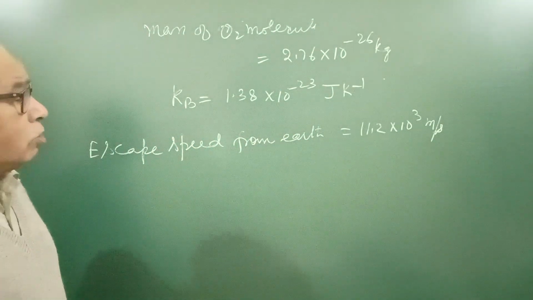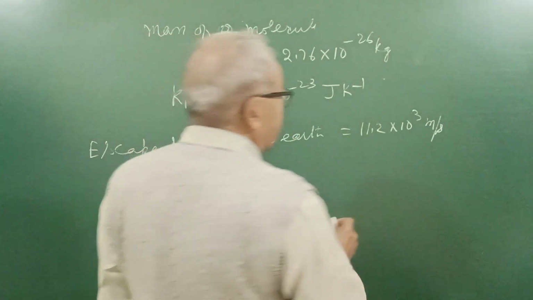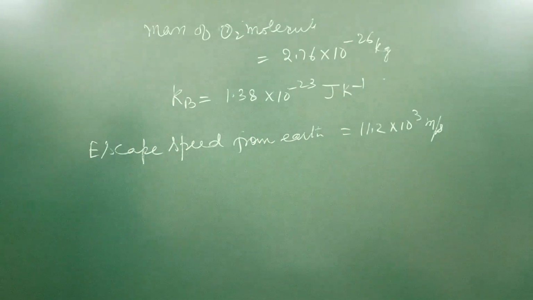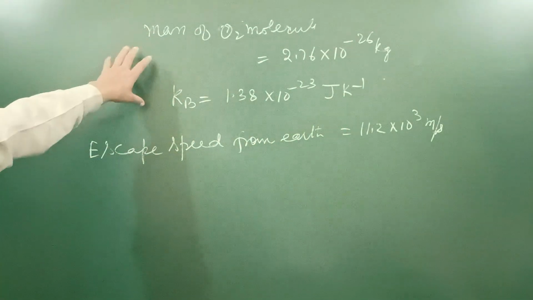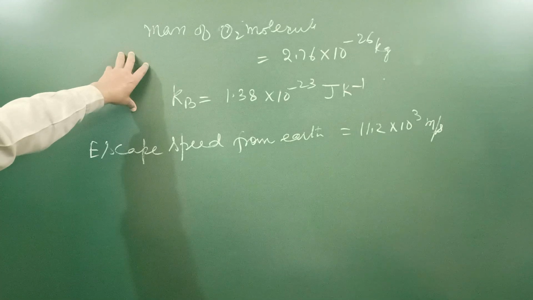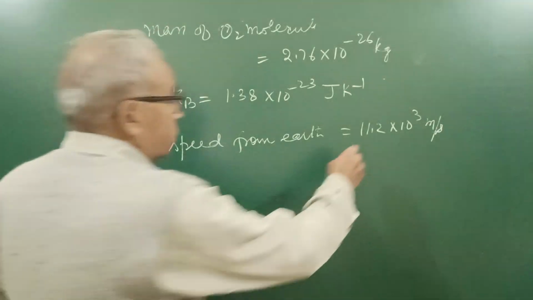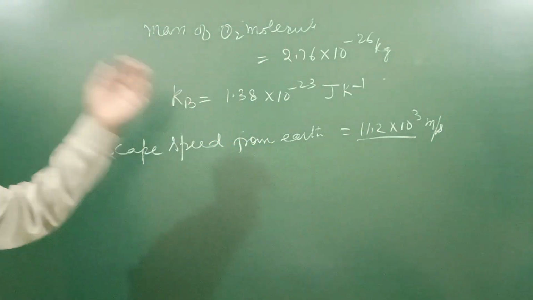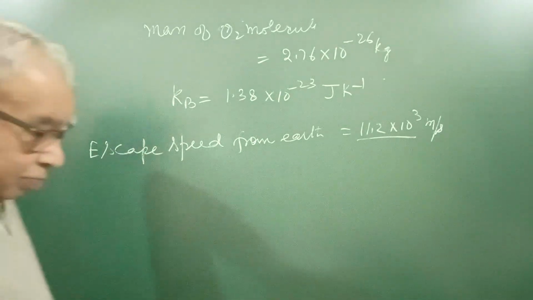So the question is: at what temperature is the root mean square speed of an oxygen molecule equal to this? You are given the Boltzmann constant.